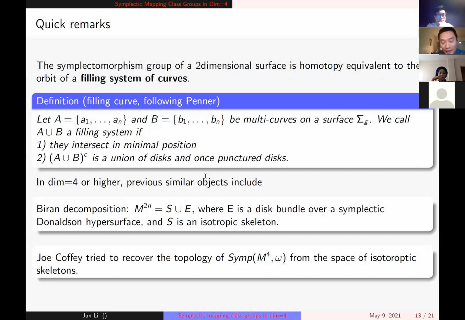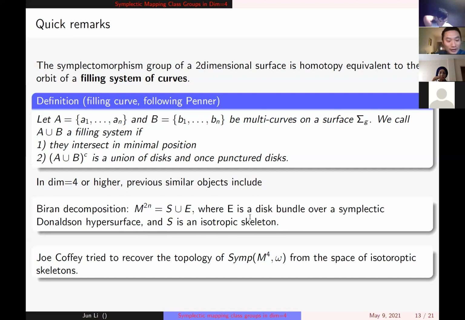Previously, a similar object actually appeared in the study of symplectic geometry. We have the Biran decomposition. That's not very similar, but at least it shares the same inspiration from dimension 2. Biran takes an isotropic skeleton and proves that, and I think this is quite general, we can always find such a thing so that the complement looks like a disk bundle over a symplectic Donaldson hypersurface.